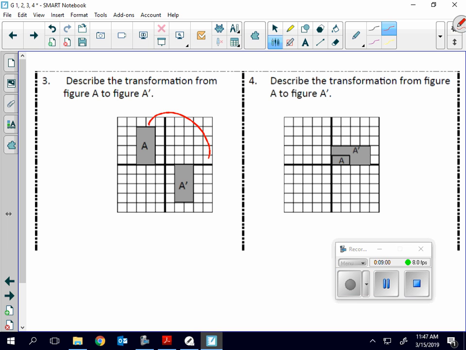If we rotated it 180 degrees, it's still going to be the same shape. You can turn your paper and see that it looks the same. So one option, rotation 180 degrees, meaning 2 turns either way, 2 turns right or 2 turns left, clockwise or counterclockwise.